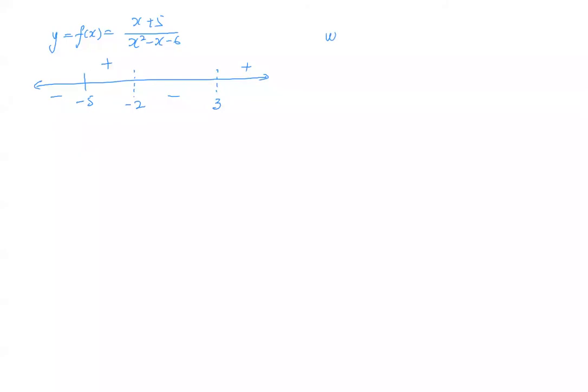When I go to window, I'm going to choose my X minimum as -7 and my X maximum as maybe 5, because of the range here. I want to include everything. Okay, so after I got this, then I go to zoom.